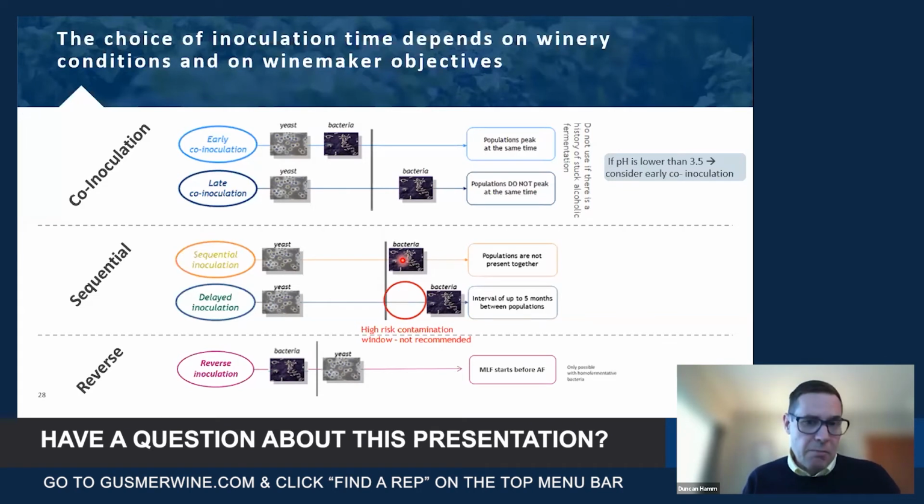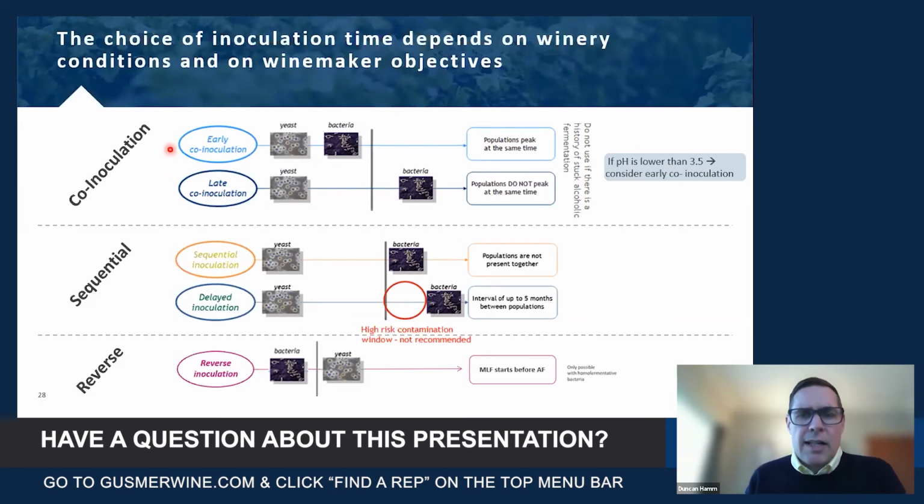David had that population graph at the introduction, which helps highlight that. Nowadays, we do see a lot more co-inoculation around the world, and that's where you start to have an overlap between your yeast population and your bacteria population, and therefore your primary fermentation and your malolactic.